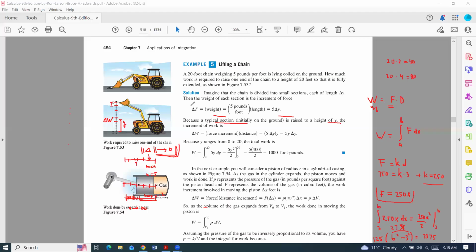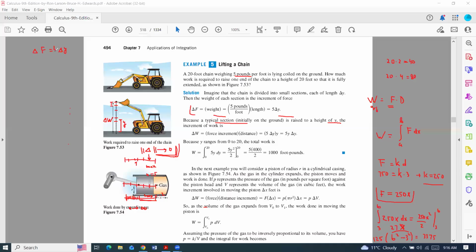So they say the amount of work, since the chain weighs 5 pounds per foot, will be multiplying. Of course, we'll be multiplying the weight by little delta Y times 5 pounds per foot.